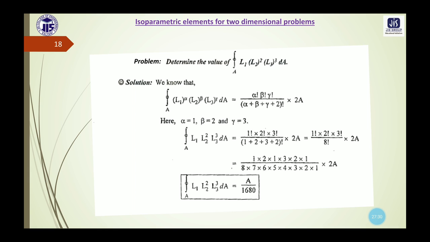Then beta, the power of L2, is 2, and in a similar manner the value of gamma is 3. So we have identified the values of alpha, beta and gamma. Then we perform the factorials, factorial 1, 2, 3 and factorial 8, and finally we get the required result as A divided by 1680.